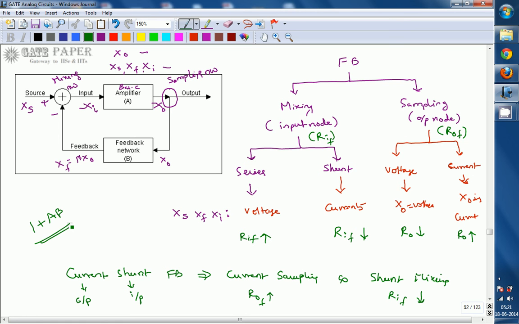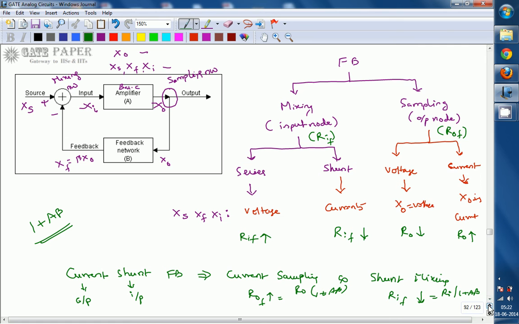RIF means the input resistance without feedback, Ri, is reduced by 1 plus A beta times. So you can write R0F is equal to R0 into 1 plus A beta, whereas RIF is equal to Ri divided by 1 plus A beta.